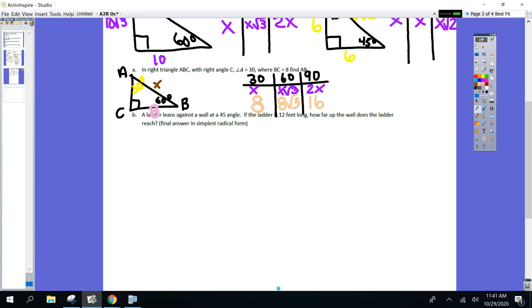All right, here we go. Drawing in the ladder right here, leaning up against my wall, makes a right angle, and a 45-degree angle with the wall. So 45, 45, 90, right?